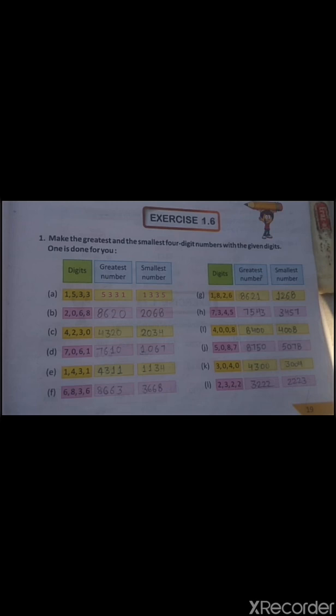Next, in H, 7345. The greatest number is 7543 and the smallest number is 3457. In I, 4008.